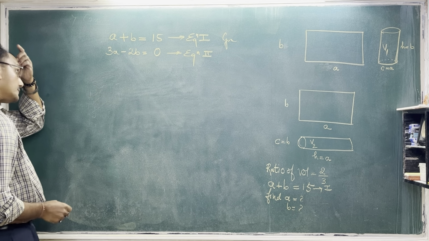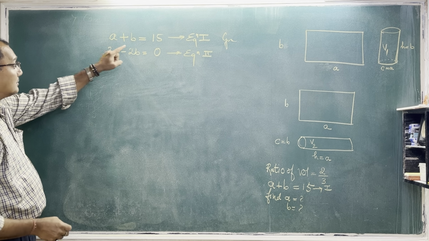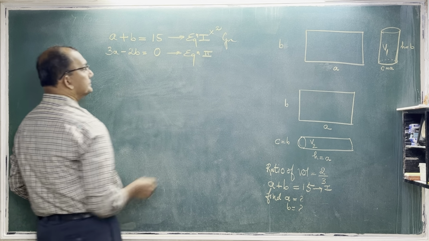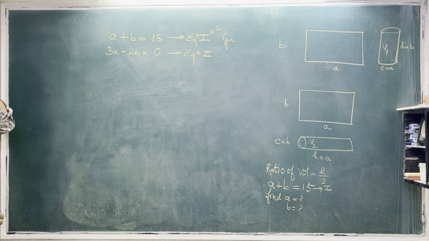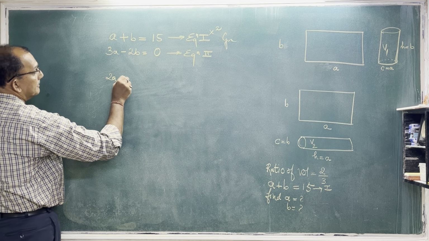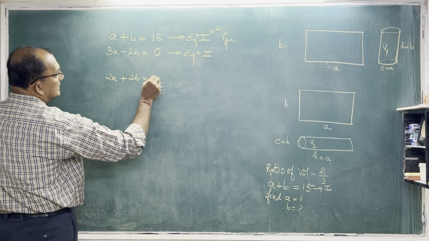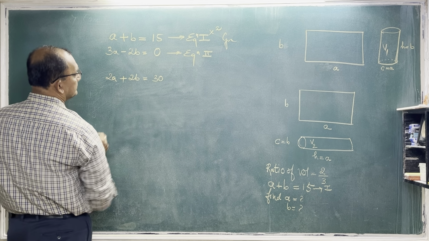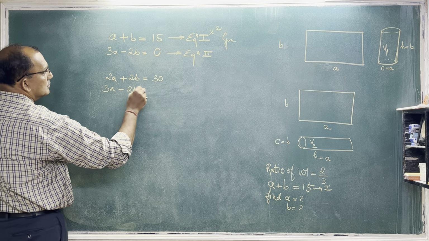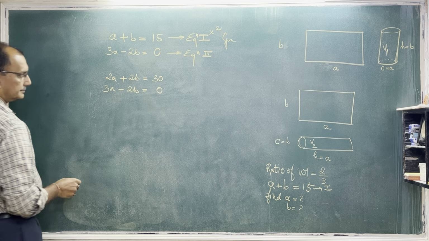Now if you see, I will have to multiply equation 1 by 2. If I multiply equation 1 by 2, I get 2A plus 2B is equal to 30. And here it is 3A minus 2B is equal to 0.